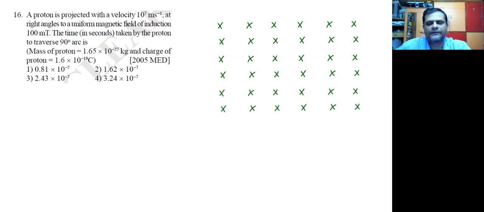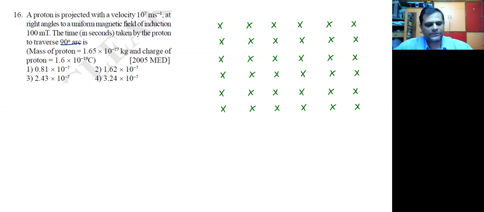Okay, this is the magnetic field which is produced in the space, and the proton is projected with a speed of 10 raised to 7 meter per second at right angles to this uniform magnetic field of induction. It is given the time for the proton to traverse a 90-degree arc.